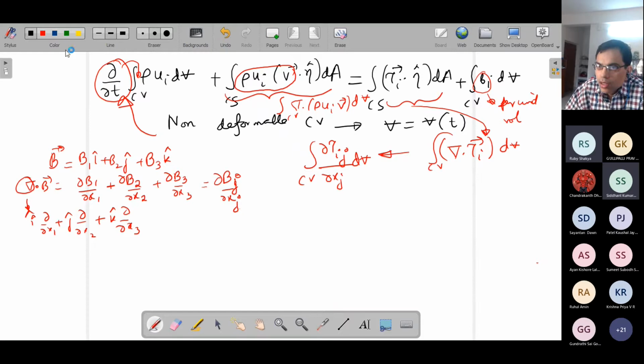So next what we will do is we will collect all the terms. All are now volume integrals.